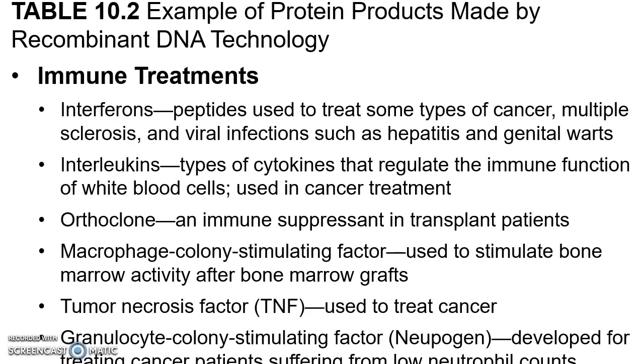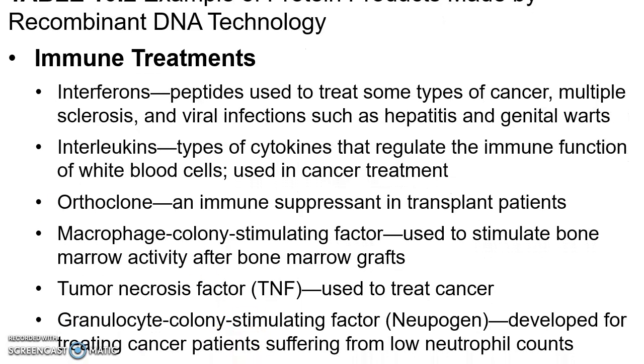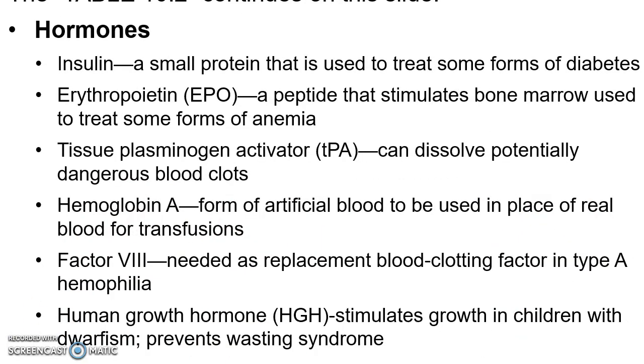And then there is a table 10.2. It should be purple in your ebook, but it has a whole list of protein products that are made through recombinant DNA technology. Immune treatments, interferons, interleukins, orthoclone, macrophage, tumor necrosis factor, this one's kind of cut off, granulocyte colony stimulating factor, mucogen, and it goes on, then hormones, insulin, TPA or tissue plasminogen activator, hemoglobin A, I already said factor VIII and human growth hormone.